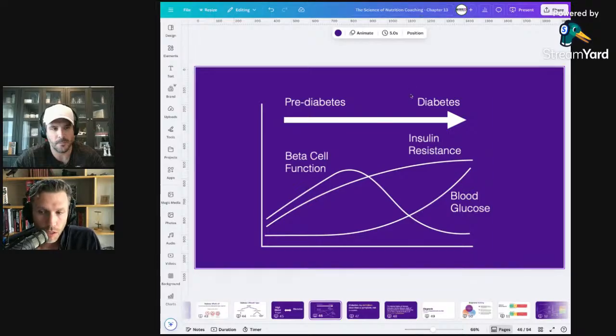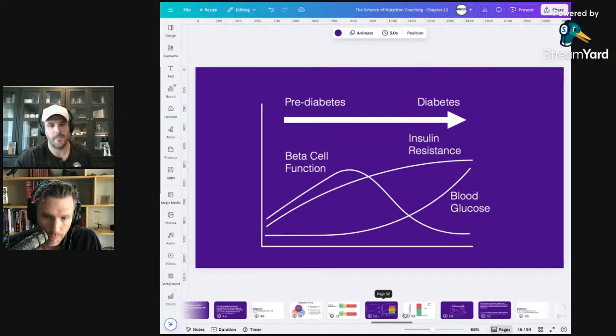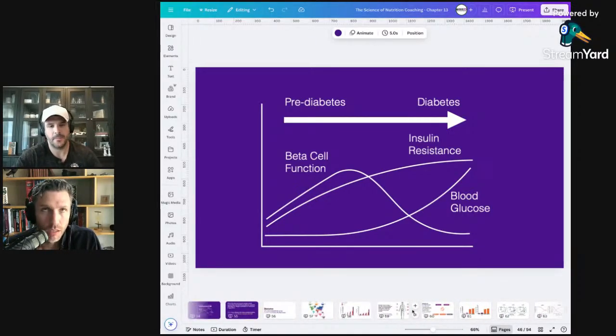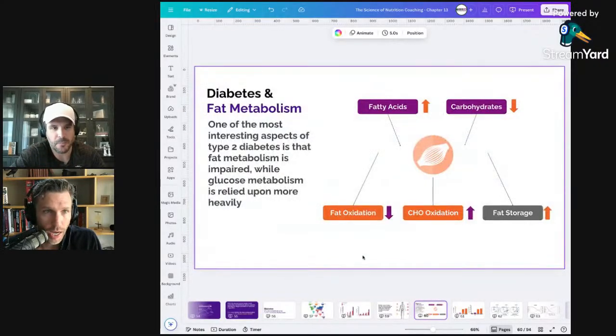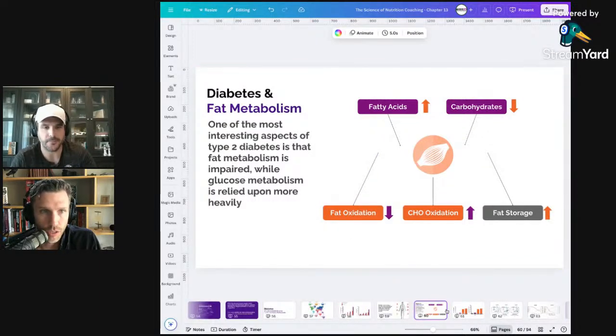But a lot of times, most people think that you have a glucose metabolism problem when you have insulin resistance. But what we actually see from the data is that fatty acid oxidation is impaired.